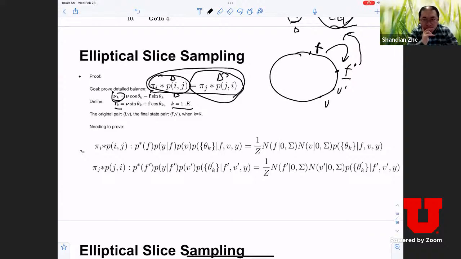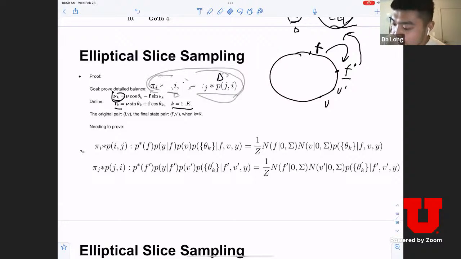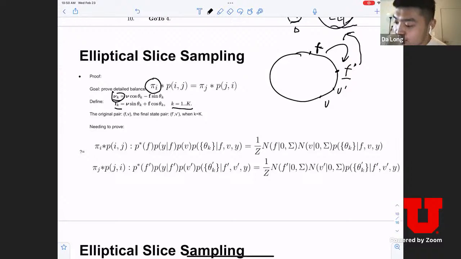You need to prove that the probability at the current sample times the probability of jumping from the current sample to the final sample is equal to the probability at the final sample times the probability of jumping from the final sample back to the current sample.